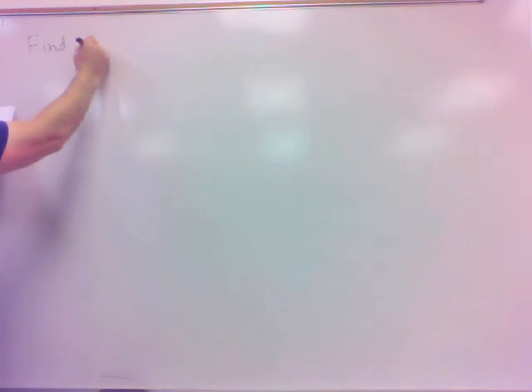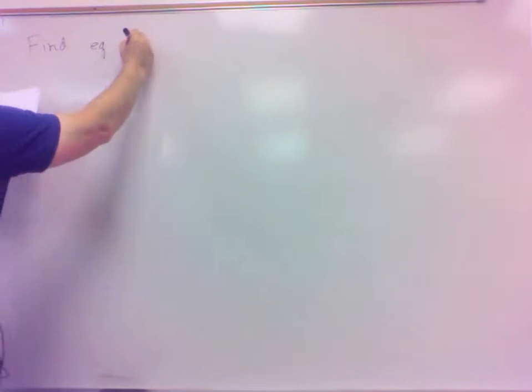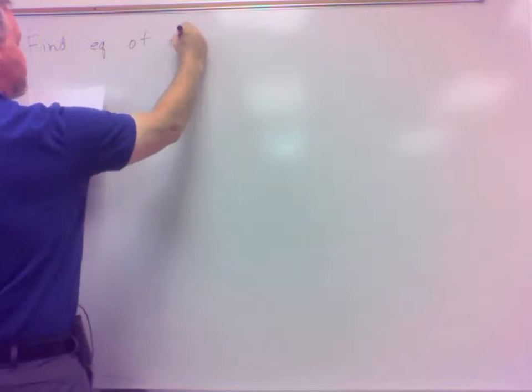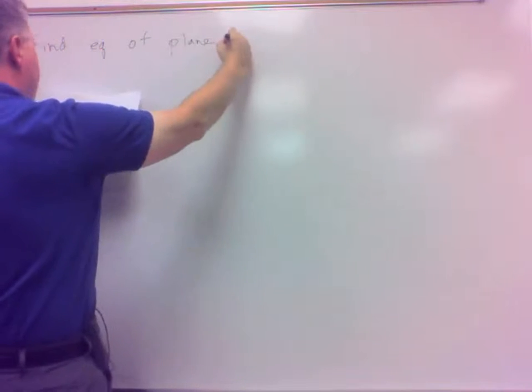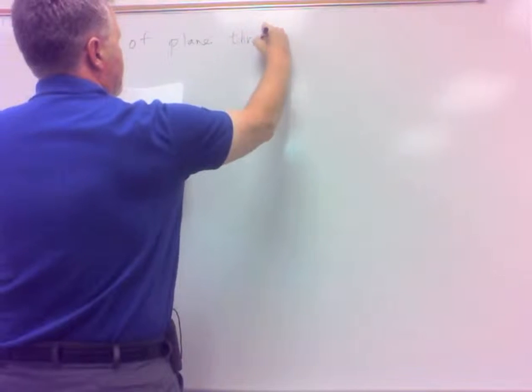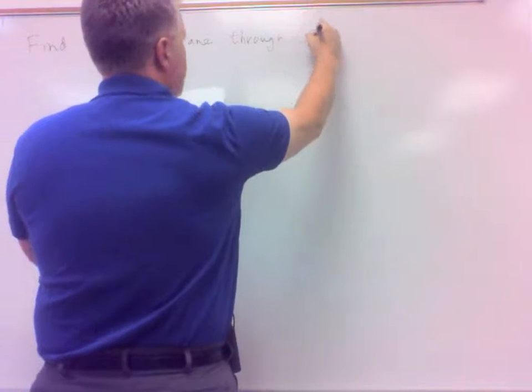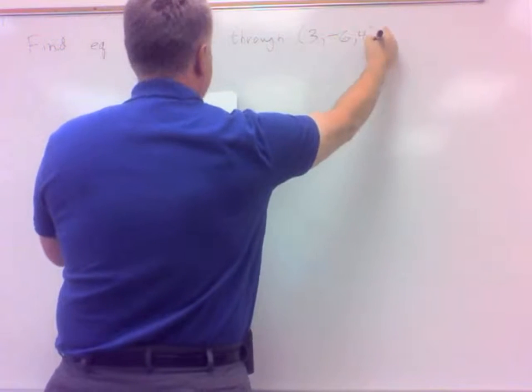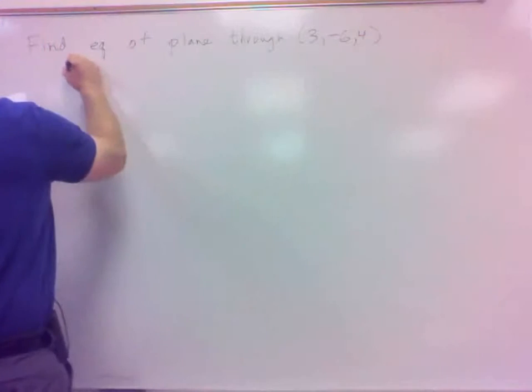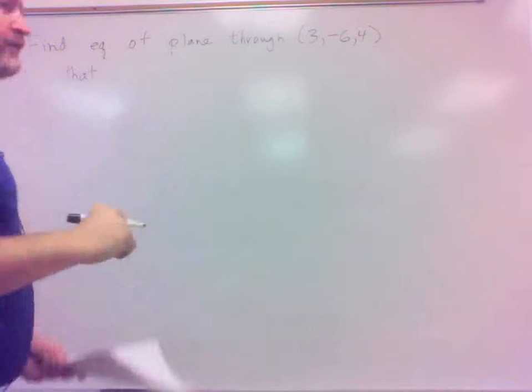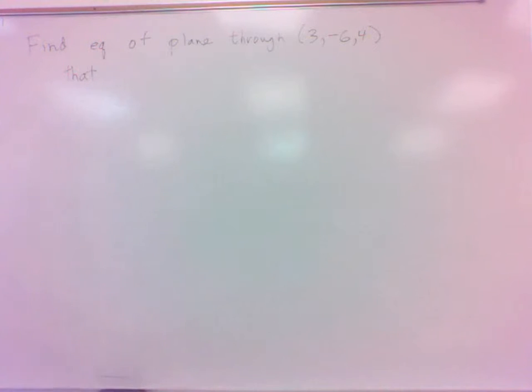All right, so this one is back to planes here a little bit. Let's find the equation of the plane. And we've got a point, which is what we need. So through the point 3, negative 6, and 4. But the other thing we need on a plane is the normal vector, the vector that's orthogonal to it.